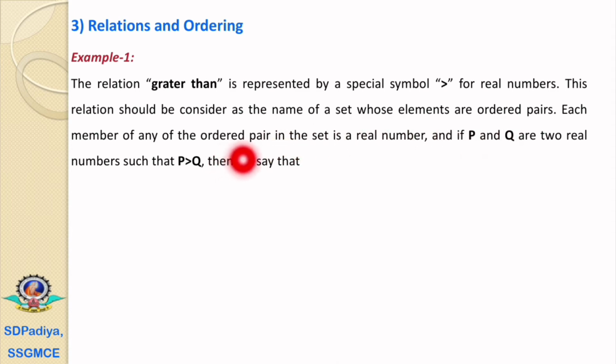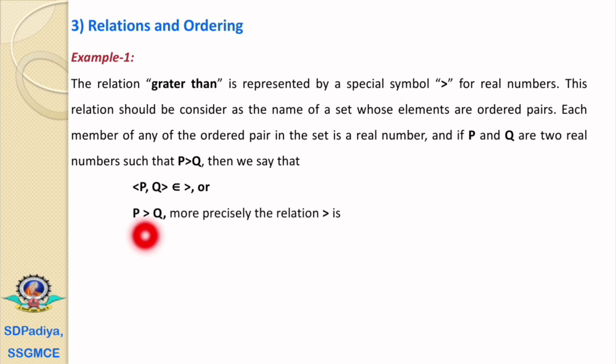Each member of any ordered pair in the set is a real number, and if P and Q are two real numbers such that P has the relation greater than to Q, then we say that the ordered pair P comma Q belongs to the relation greater than. Or, with the second technique, P has a relation greater than to Q. But in general mathematics, we read this as P is greater than Q. In discrete mathematics, we have to read this as P has a relation greater than to Q.